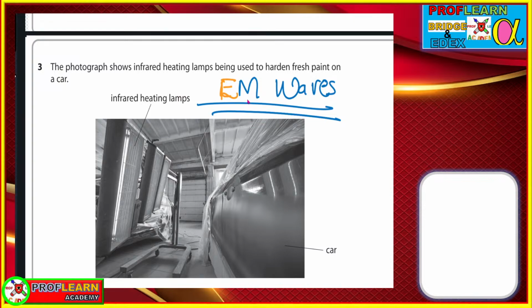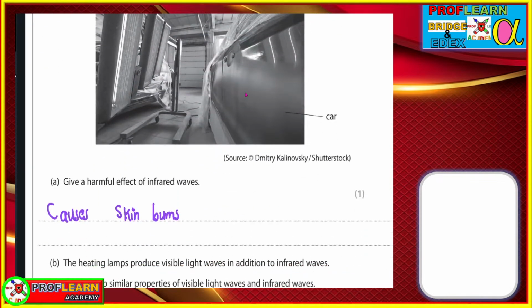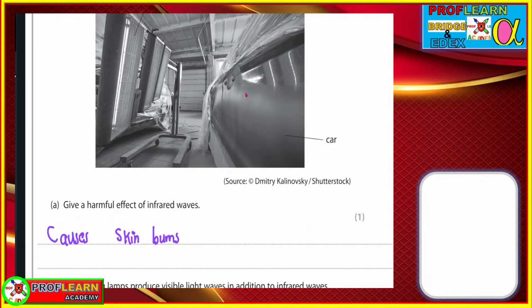Then you need to understand their characteristics, common properties. Under the common properties, we can say all of them are transverse in nature.